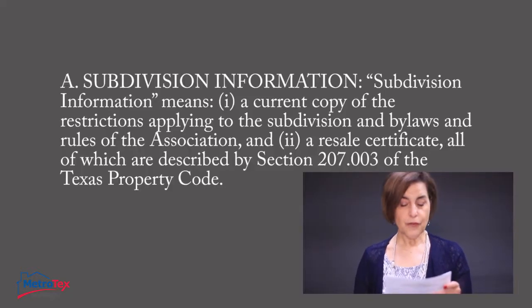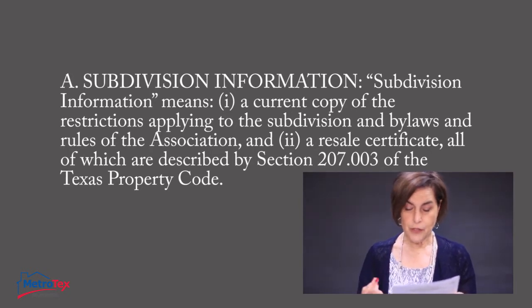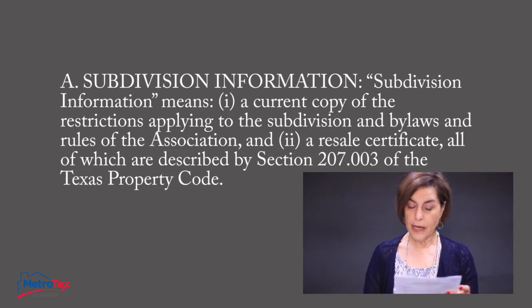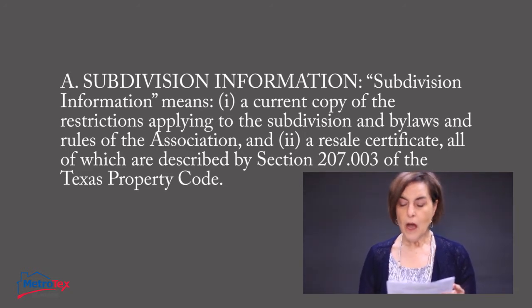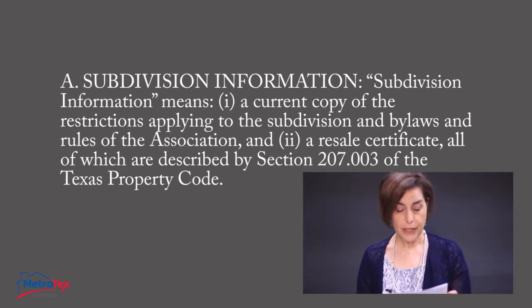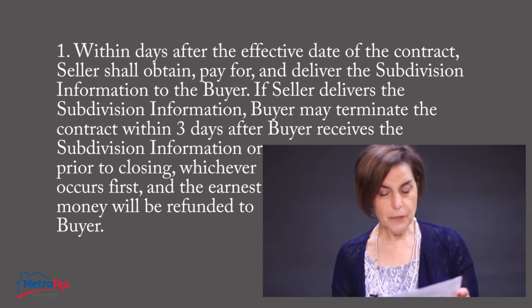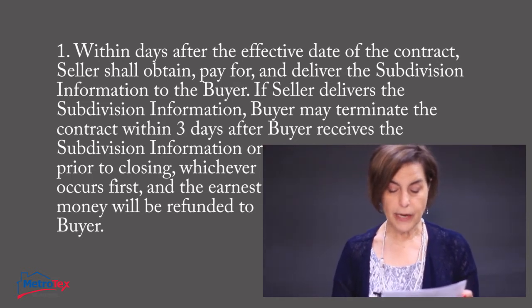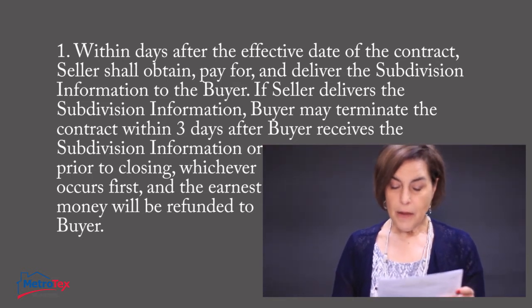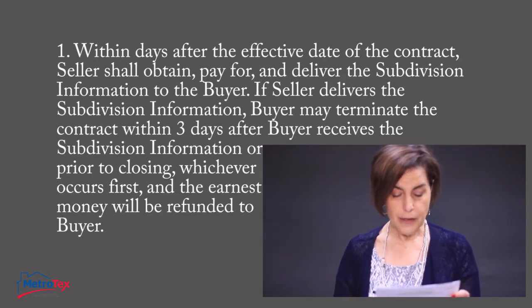A, subdivision information. Subdivision information means a current copy of the restrictions applying to the subdivision and bylaws and rules of the association, and 2, a resale certificate, all of which are described in the section of Texas Property Code. Check one box. 1. Within blank number of days of the effective date of the contract, the seller shall obtain, pay for, and deliver the subdivision information to the buyer.